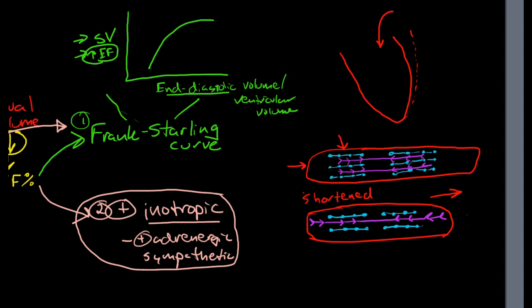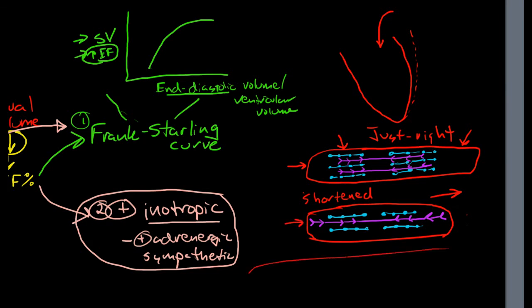So this one is just right, just the right amount of stretch, and to a point, the more you stretch the fiber, the more efficiently it's going to contract because you're aligning the actin and myosin just perfectly. When you're too short, you have a weaker contraction.